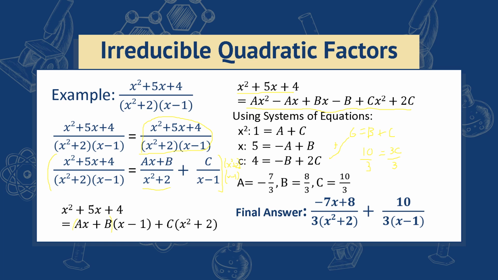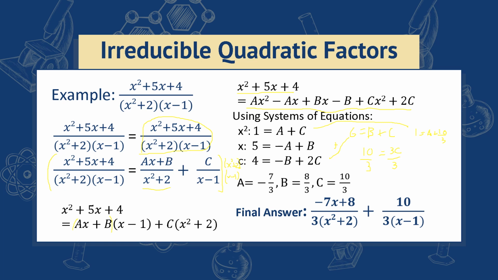Our next step would be inputting our c into an equation to get the other letter. For example, we could input 10 divided by 3 for c into the equation of x squared, so that we get 1 is equal to a plus 10 over 3.